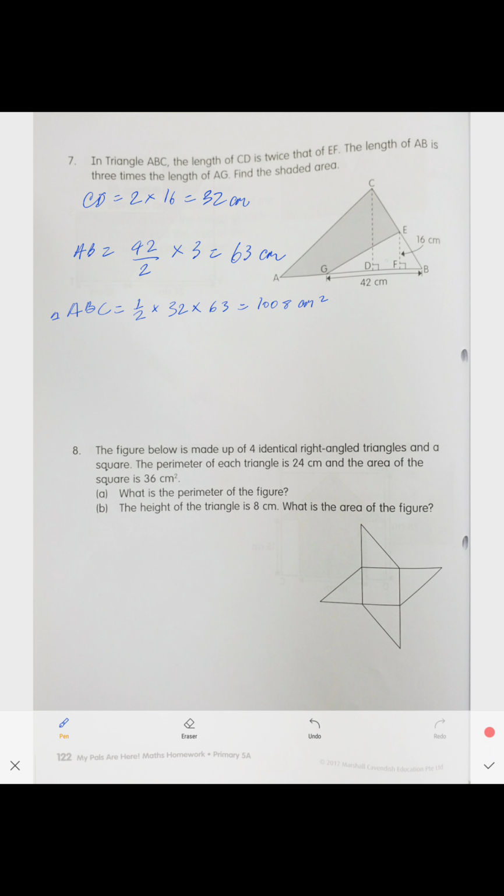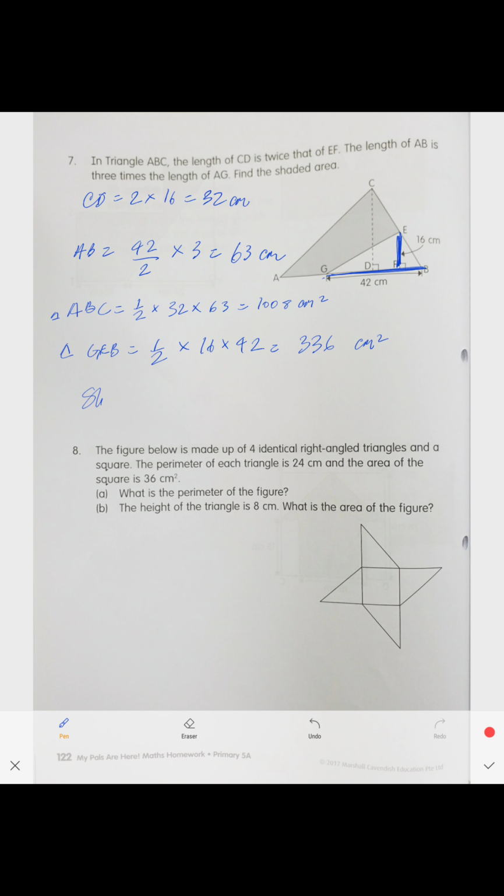Now we need to subtract this white small triangle, GEB. Triangle GEB is 1/2 times the height, 16, times the base, 42, which is 336 square centimeters.